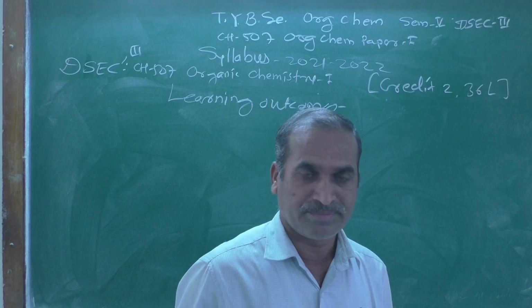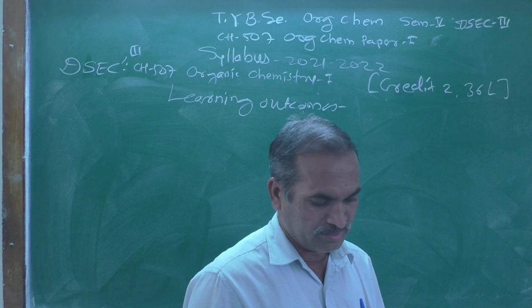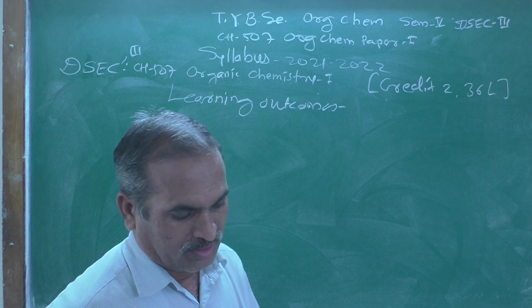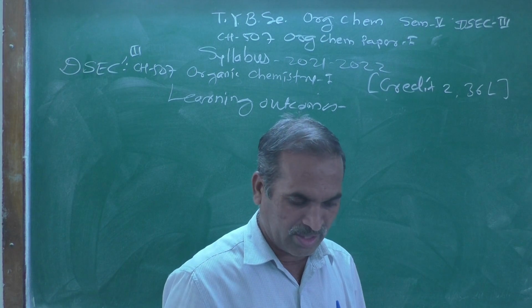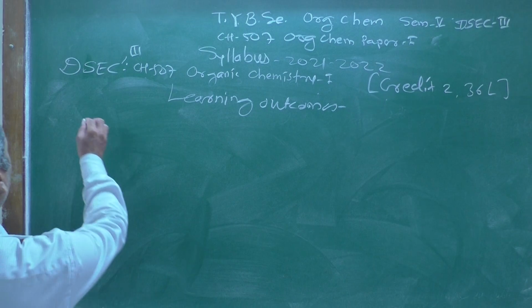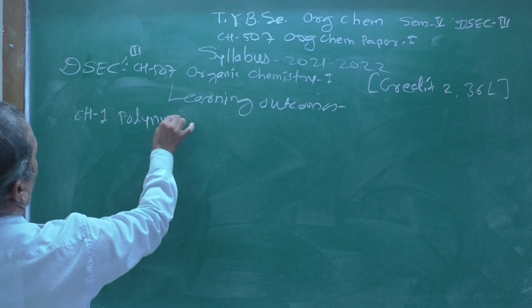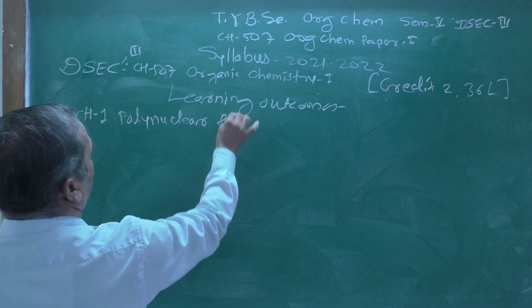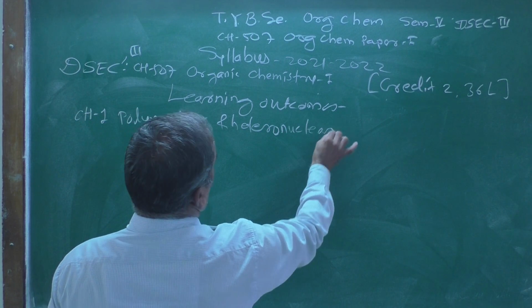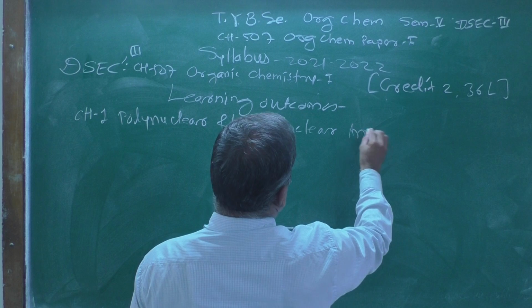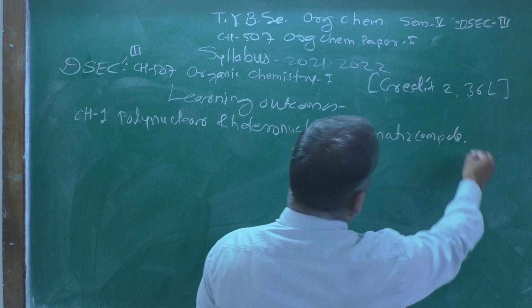Chapter number 1, as we know, is polynuclear and heteronuclear aromatic compounds.